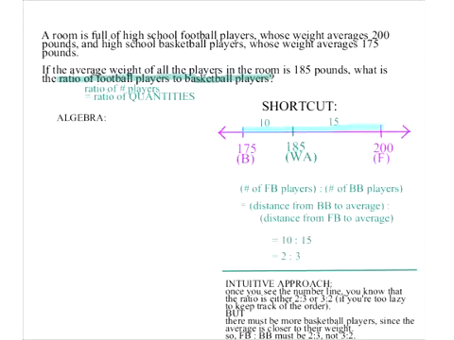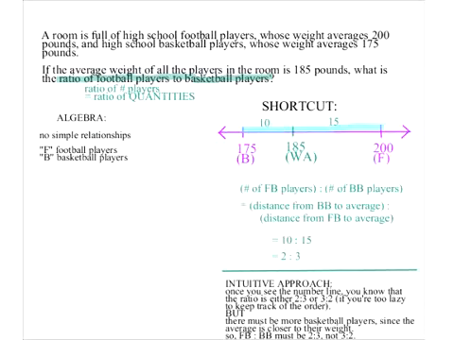The algebra is, in this case, you would have to use 2 variables because you don't have any simple relationships. So you would say F football players, and B basketball players.